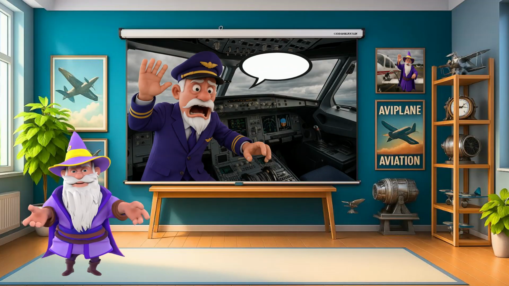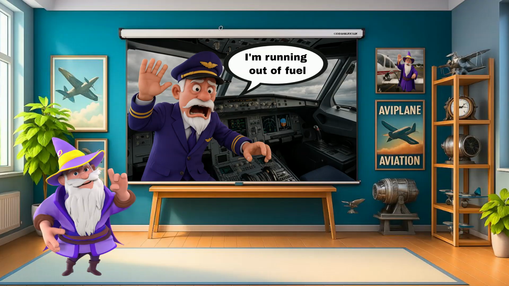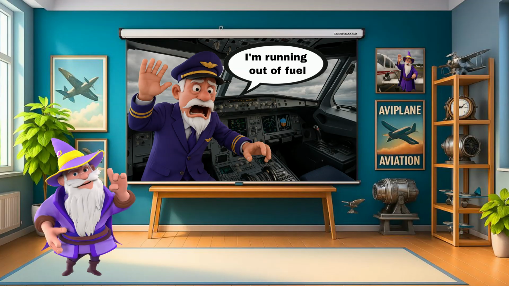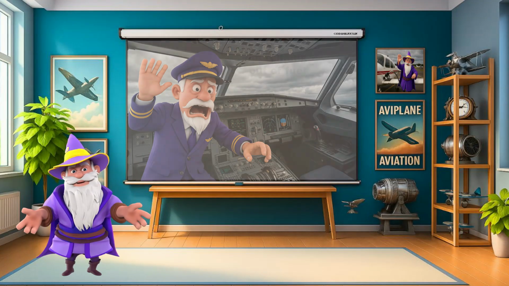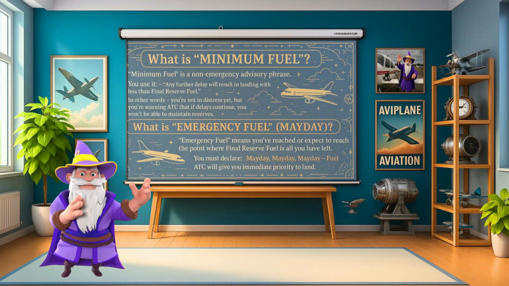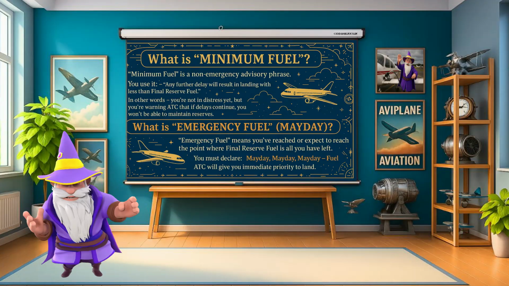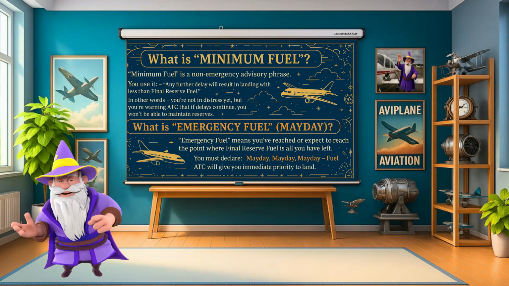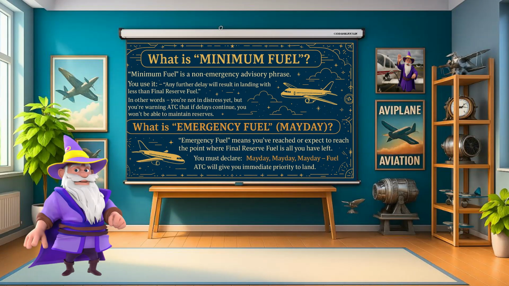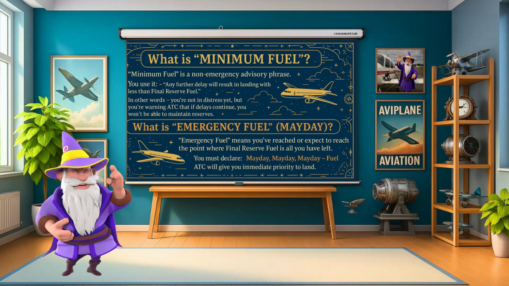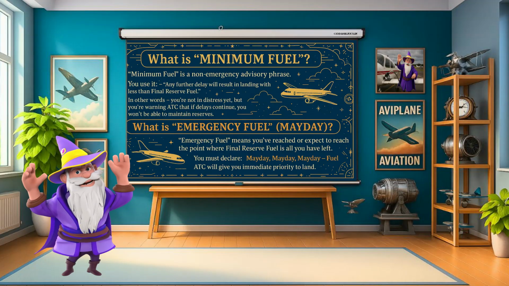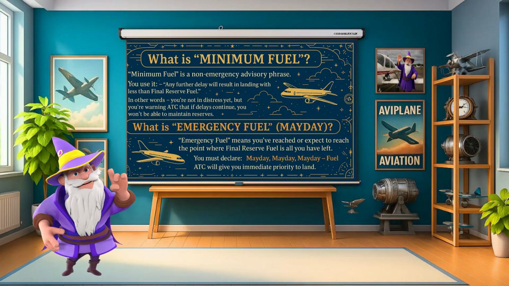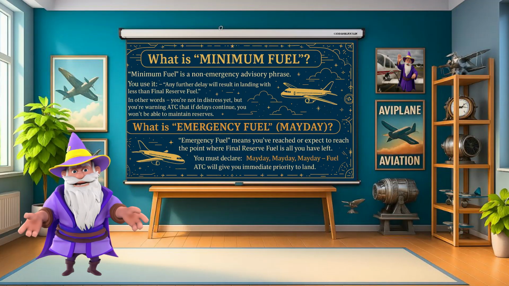All right, let's jump into one of those sticky situations when the flight doesn't go as planned and fuel starts getting tight. Do you know the difference between minimum fuel and emergency fuel? And when we declare one or the other? Minimum fuel is a non-emergency advisory phrase. You use it when any further delay will result in landing with less than final reserve fuel.